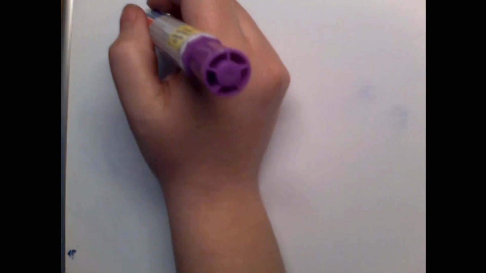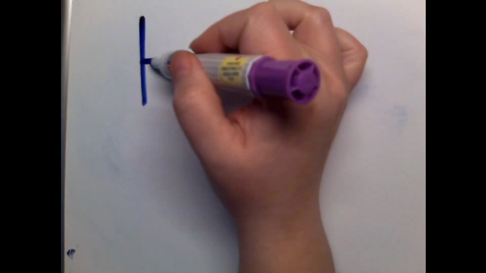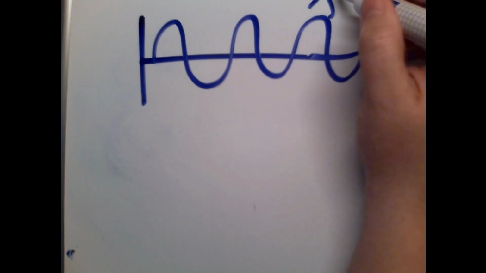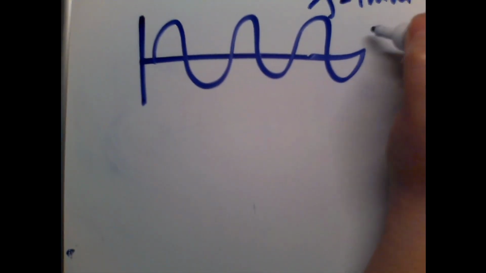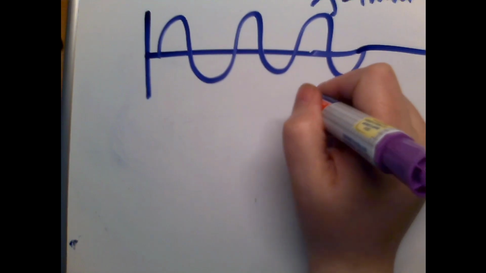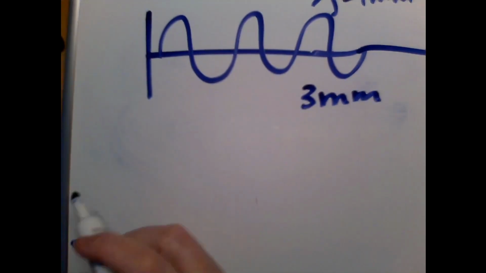And that kind of goes back to frequency, right? Because we know they're related. So let's say we have a pulse here with wavelength equals 1 millimeter. This pulse is then going to equal 3 millimeters.